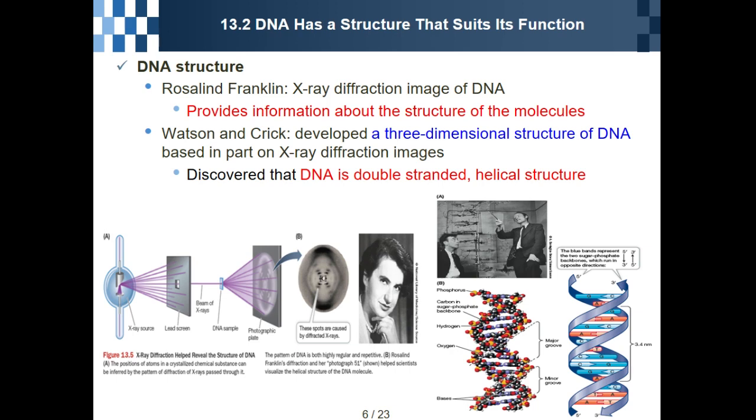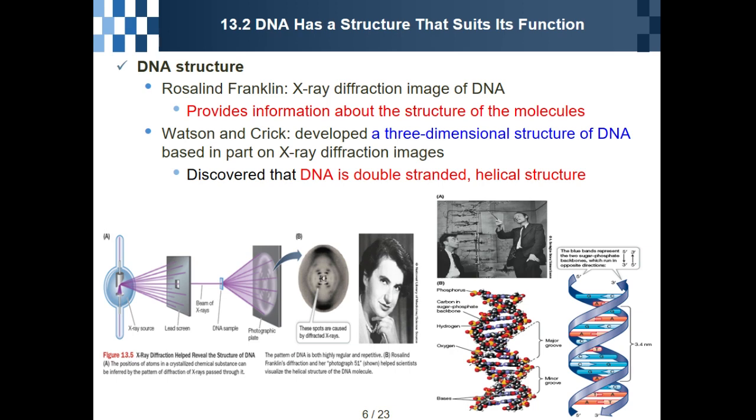Only 10% was done by Watson and Crick. The main thing done by Rosalind Franklin was that she used X-ray. After we put the DNA here and she applied X-ray, on the X-ray film she got this kind of pattern.